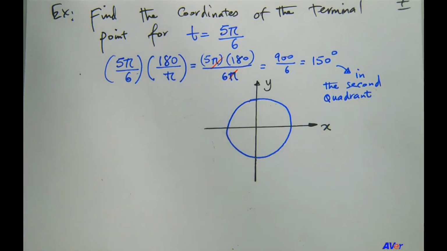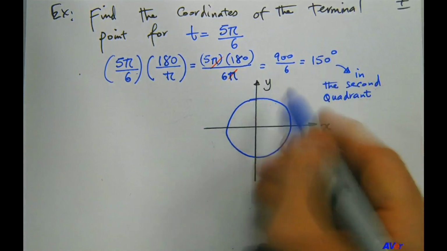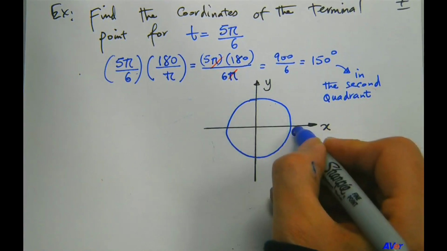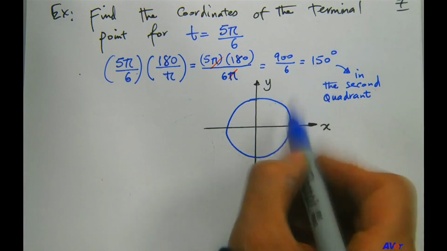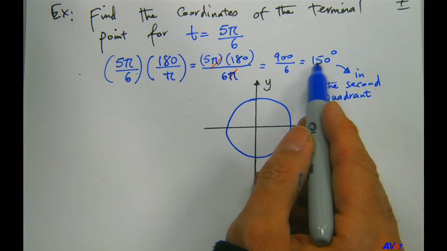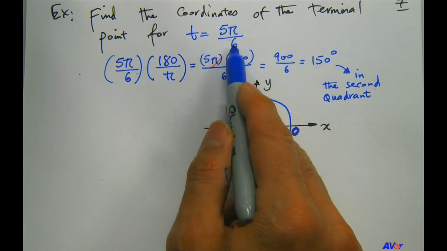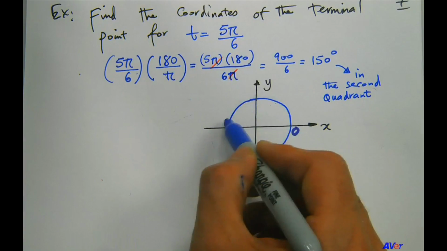So 150 degrees would be from here to here, this being 0, right? Point of origin of an angle, 0. And it's 150 degrees, so this is positive, right? 5 pi over 6, so we're going counterclockwise then.